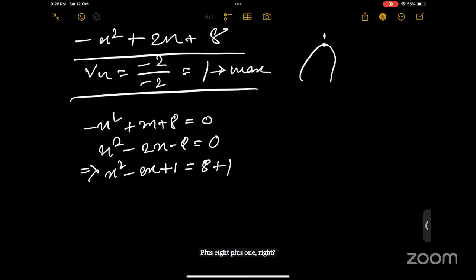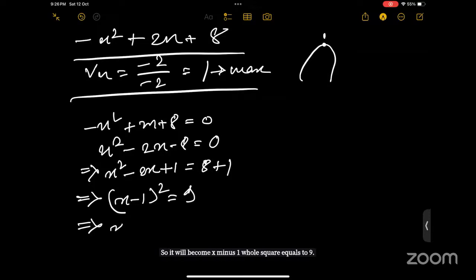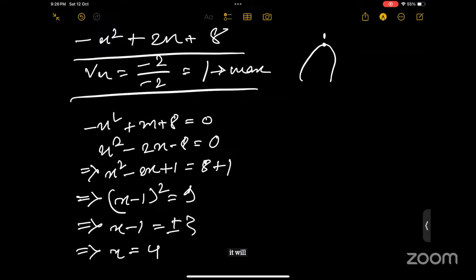It will become x minus 1 whole squared equals 9. So x minus 1 is plus or minus 3. It will become either 4 or minus 2. So 4 and minus 2 are the two distinct roots of the equation.